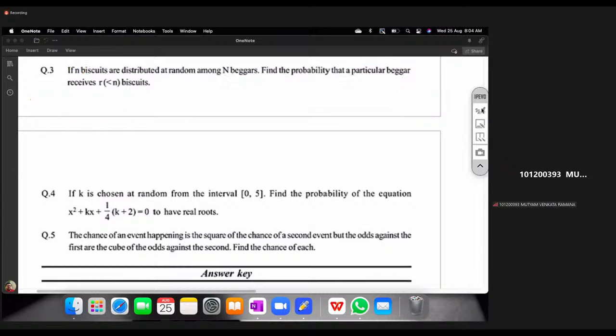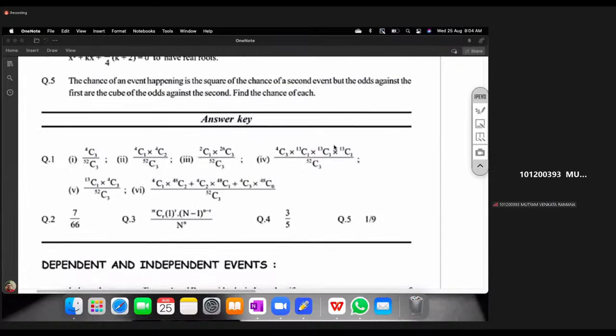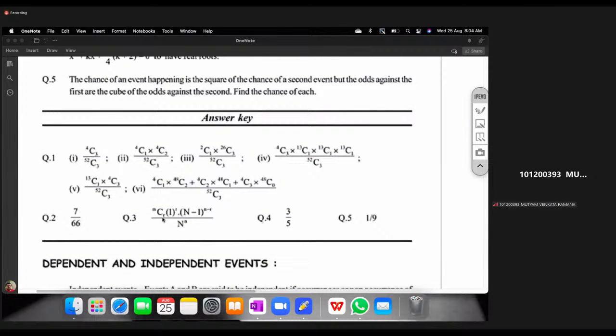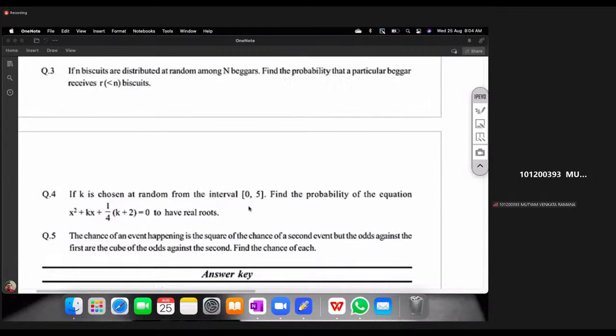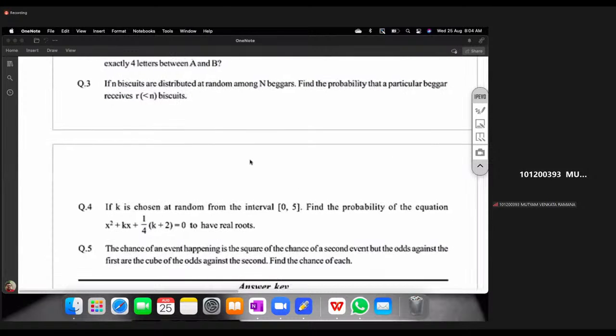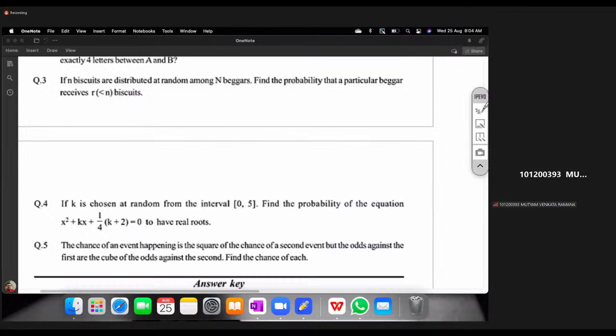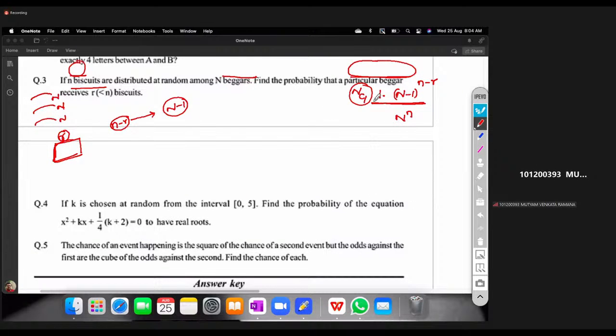So what exactly is the answer given? The answer is given with NCR times 1 power. NCR means here the biscuits, which R biscuits we are giving, we need to check. So which R biscuits?